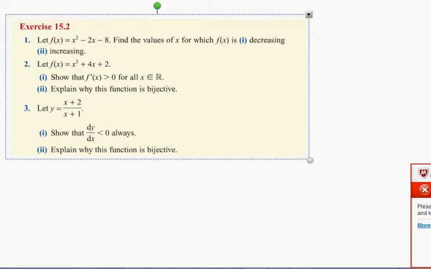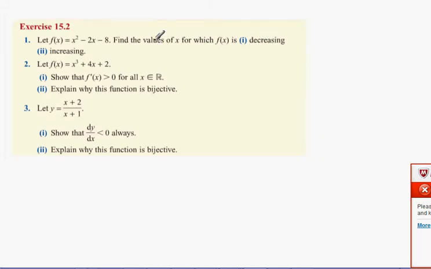Okay, let's go for question 1. f(x) equals x squared minus 2x minus 8. Find the values, plural, of x for which the function is decreasing and the function is increasing. Differentiate once, and we get 2x minus 2. If it's decreasing, what does that mean?